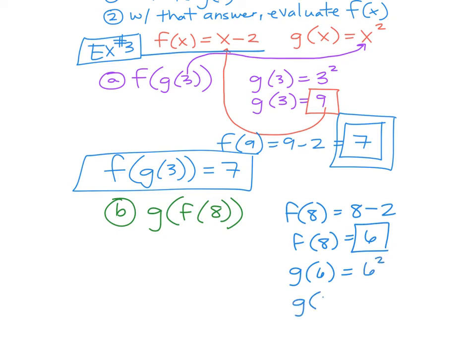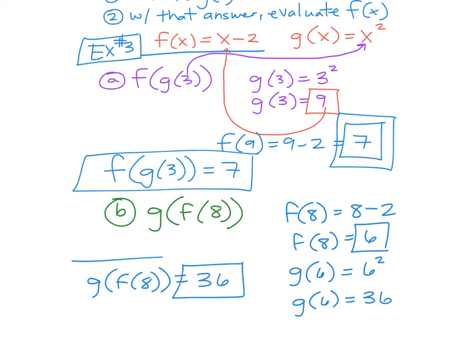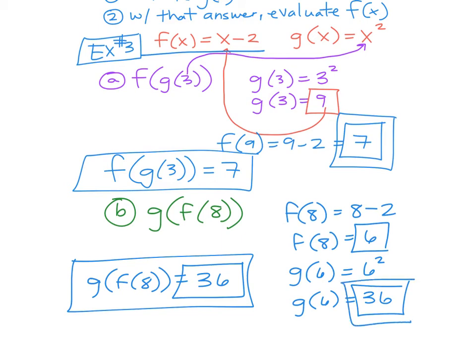So g of 6 is 36, which means, no, I did that backwards. g of f of 8 is equal to 36. I don't need you to rewrite that every time. I'm just showing you what your final answer is. 36 would be your final answer here. Questions on that?